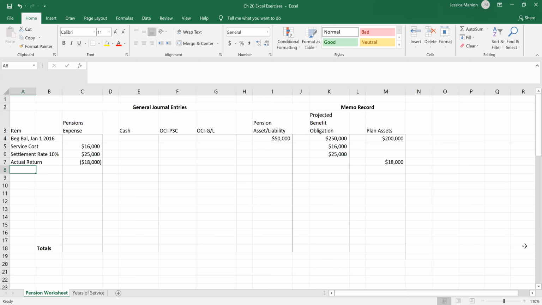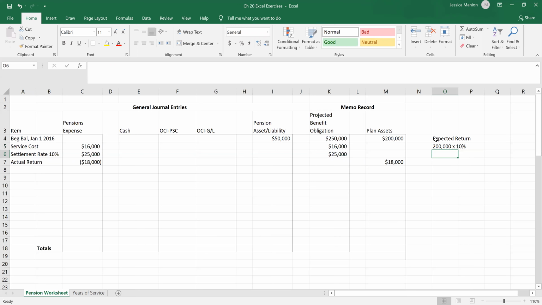So the expected return is the plan assets 200,000 times the expected rate of return, which is 10%.